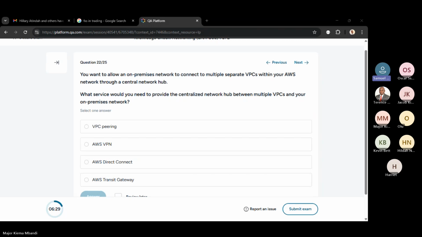What service will you need to provide the centralized network hub between multiple VPCs and your on-premises network? A, VPC peering. B, AWS VPN. C, AWS Direct Connect. And D, AWS Transit Gateway.